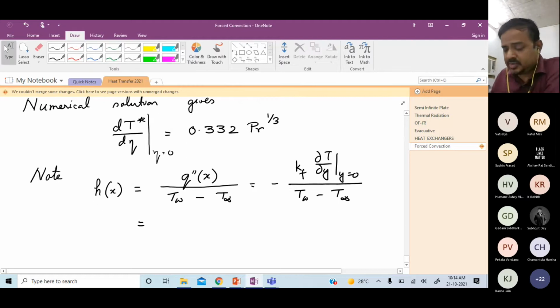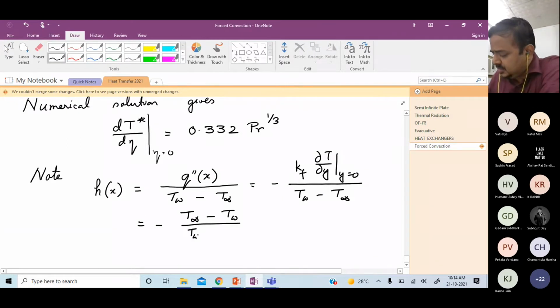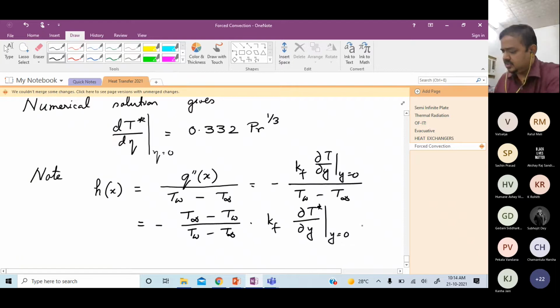If I have to convert it to del T star, I get minus T infinity minus Tw divided by Tw minus T infinity times kf del T star del y at y equal to 0.